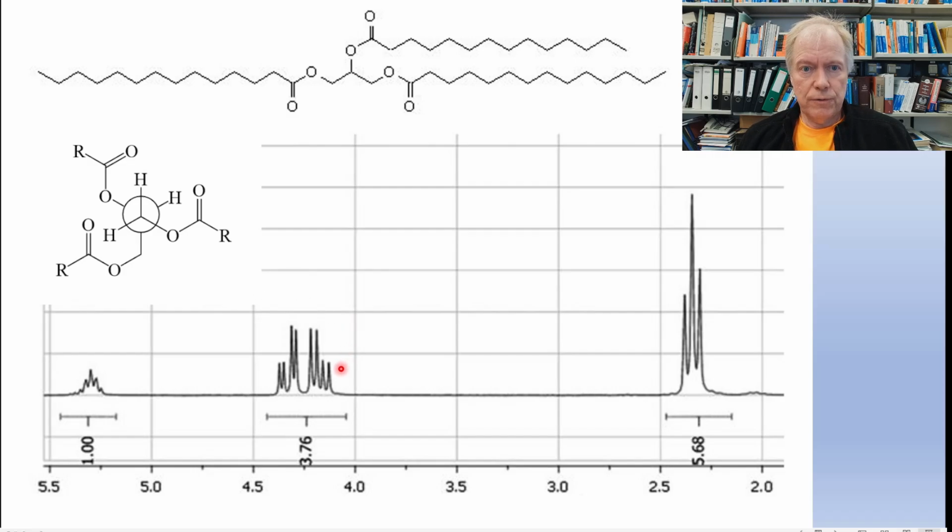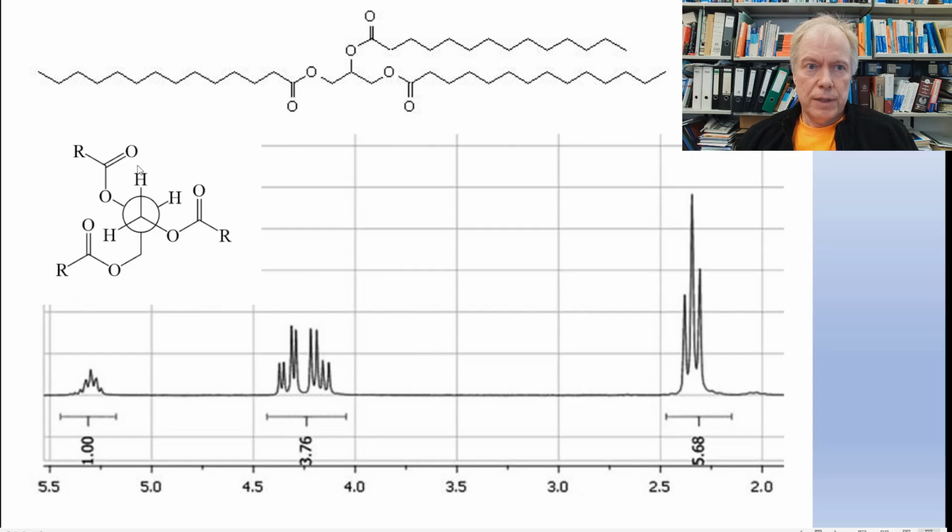And where do we find the coupling constant? Well, it's the distance from this signal to that one, or from here to there. And we will find the same distance from here to this one and from this one to that one.